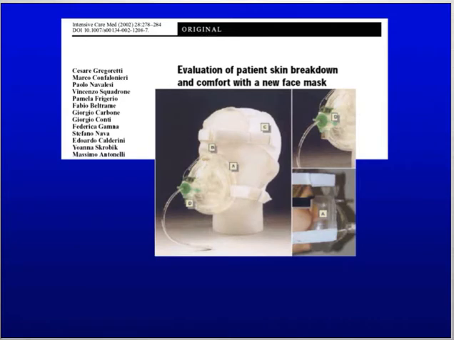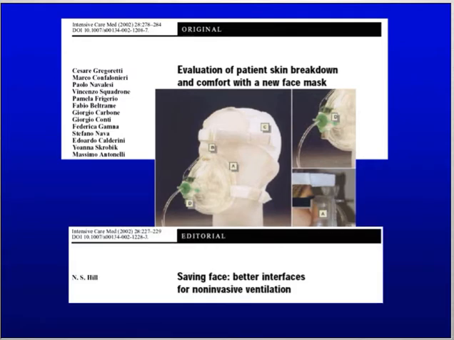They showed here that compared to another, more classical mask, this one, having a different pressure distribution on the face, was better tolerated. And as said by Nick Hill in his editorial, this will save faces and also increase the success of non-invasive ventilation.